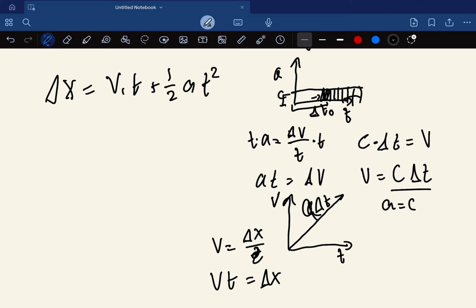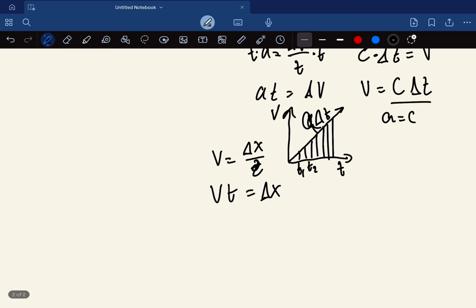So by looking at the area under this graph, we can tell how far our position has changed at each different time, given by the area under this function.